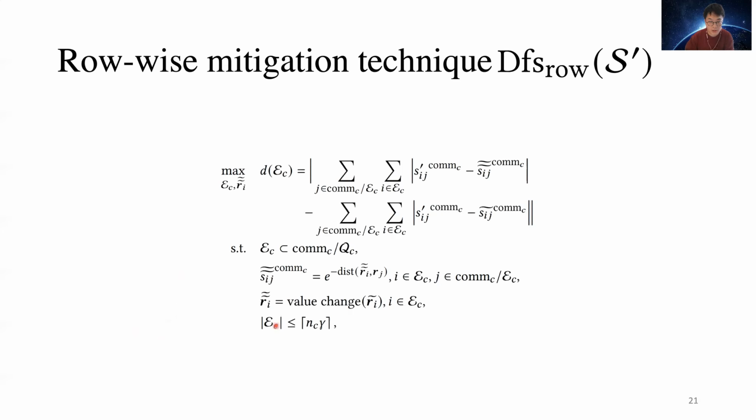The row-wise mitigation technique is essentially formulated by this optimization problem. We let QC be the set in a community that has not been fingerprinted. To conduct the row-wise mitigation, we first choose a subset in the community that has not been fingerprinted yet. Then for those rows in the selected set, we change their values such that after the change, the pairwise distance is updated as S_ij double tilde.